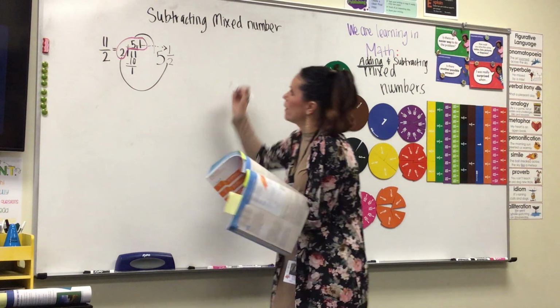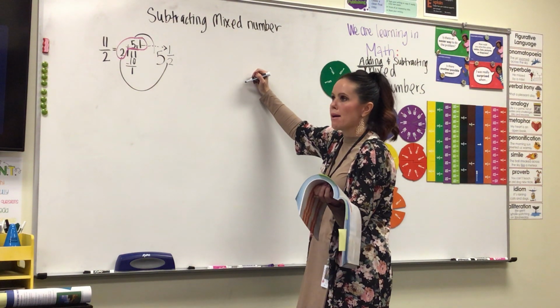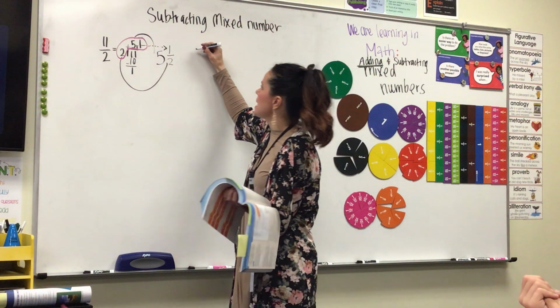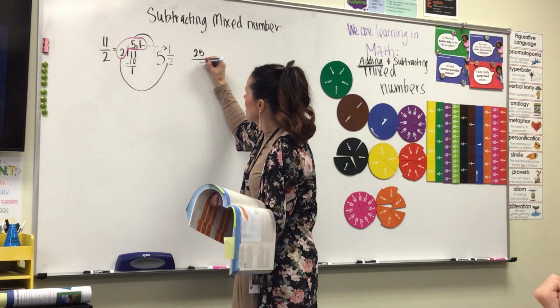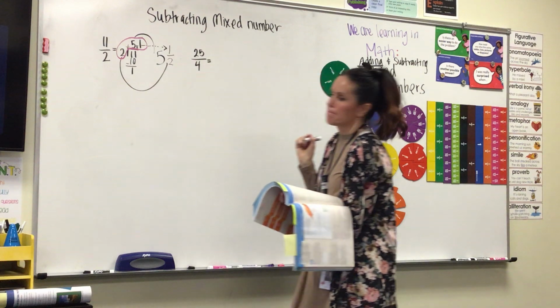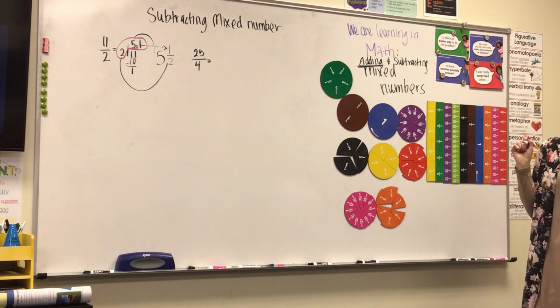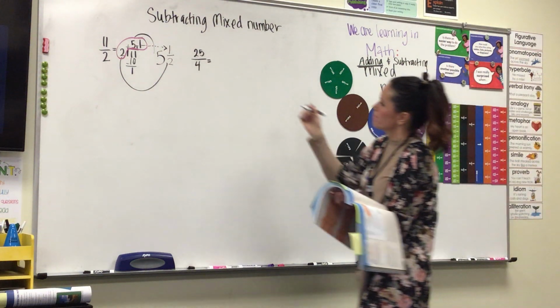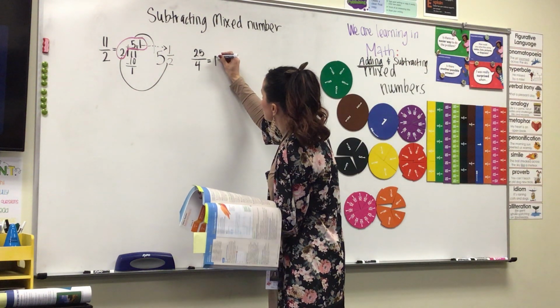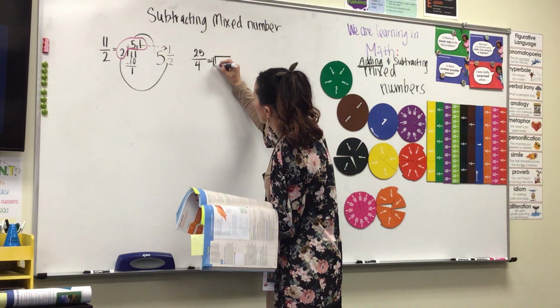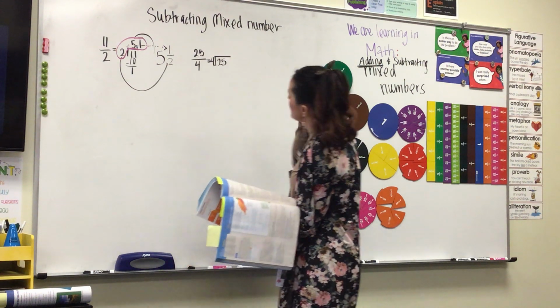All right, let's do one more for a little warm up. 25 fourths. Okay, go ahead. I will make a division table for 25 fourths.